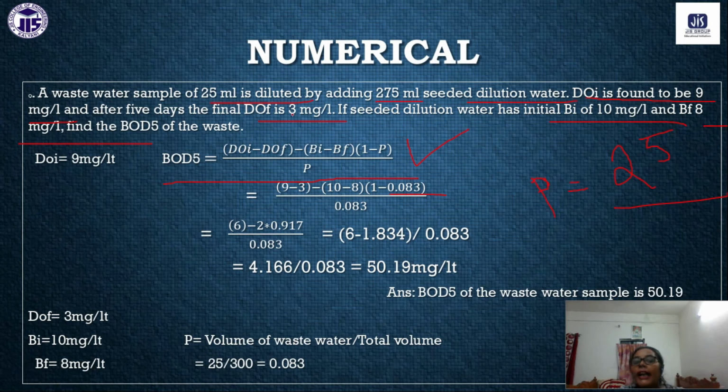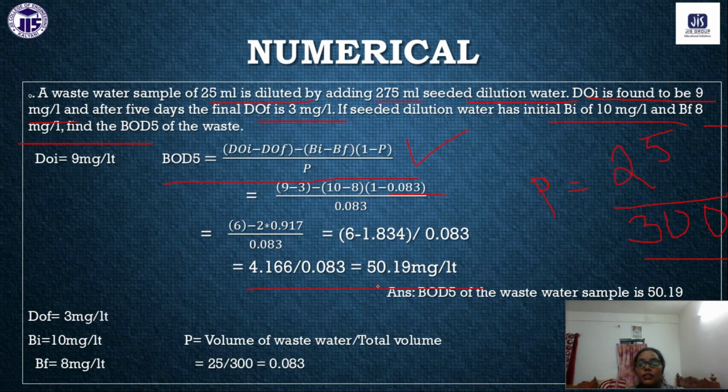Total volume is 25 ml wastewater plus 275 ml seeded dilution water, so total volume will be 300, and p is 25 by 300, which is 0.083. If you do this, then we will get the answer: 50.19 milligram per liter.